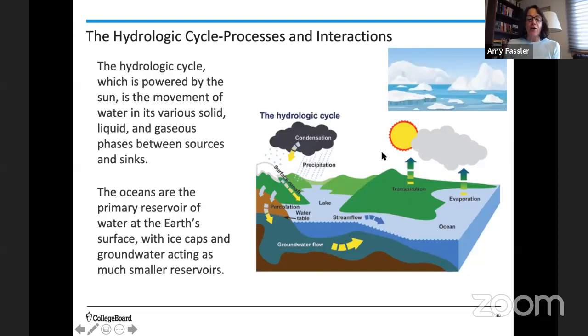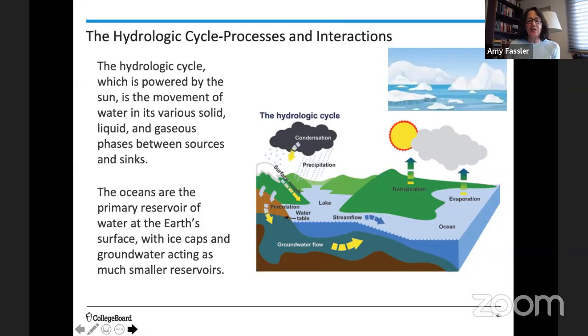That evaporated water rises, cools off, condenses, and falls as precipitation. It can percolate or infiltrate through the soil and recharge groundwater. It can run off into surface water and eventually into the ocean.